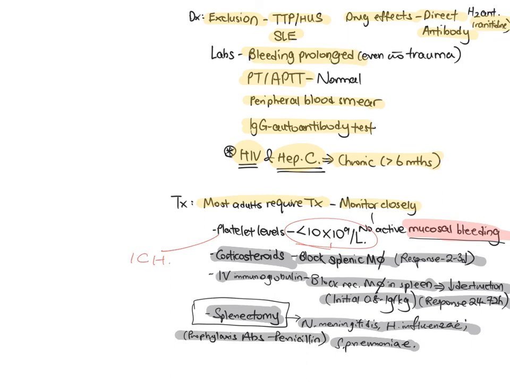I've also included new investigational treatments, in particular these 2 new drugs. The first is a thrombopoietin receptor agonist, where we try to stimulate the production of platelets by giving a drug that mimics the growth factor.